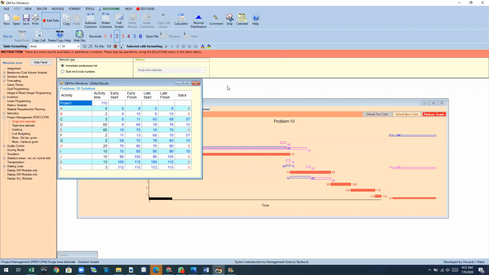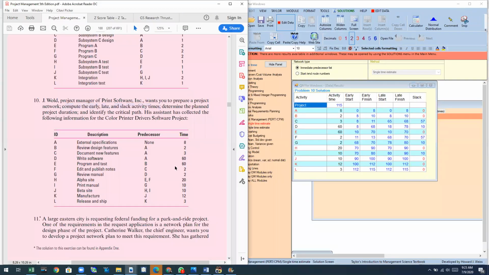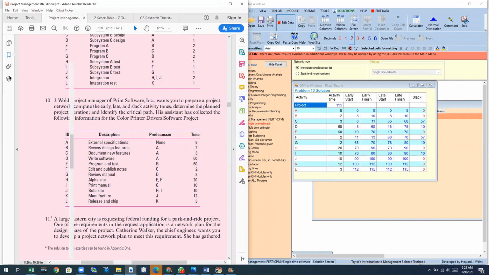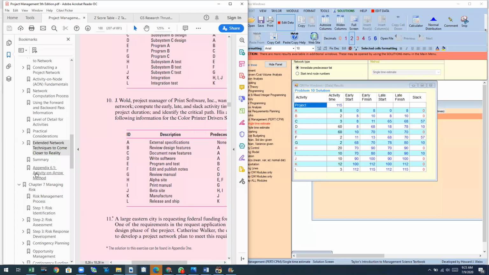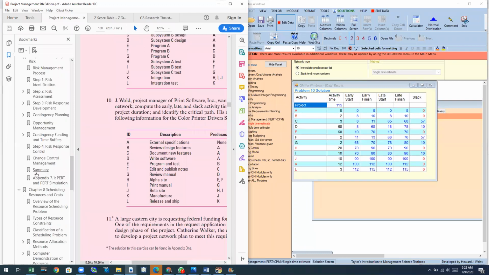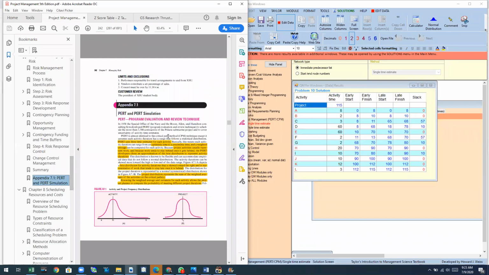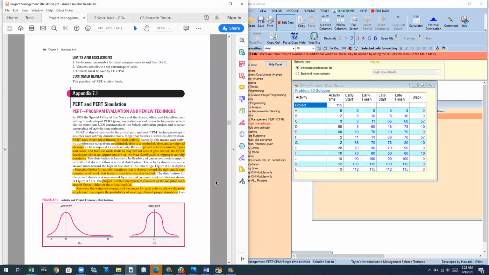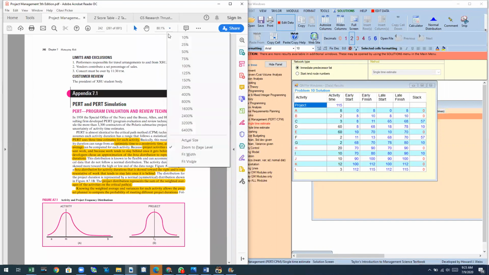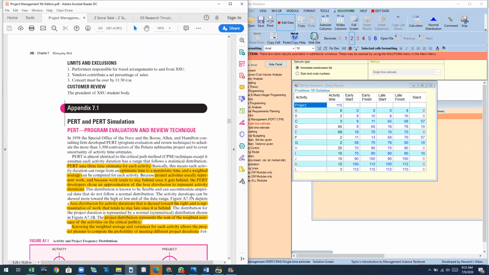Okay, we will move on to the next problem that utilizes triple time. So let's move to chapter 7, where we have project evaluation and review technique, particularly when there are uncertainties.